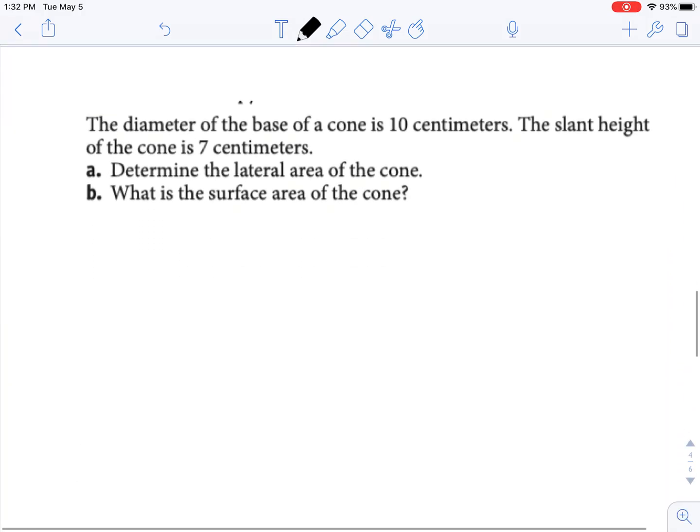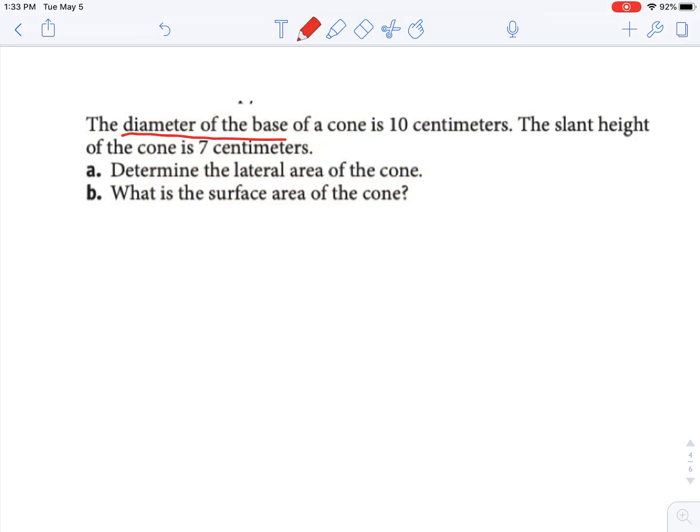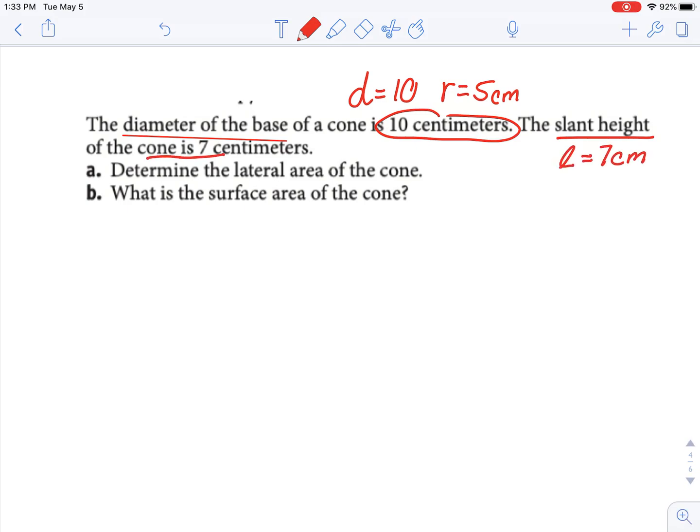Applying these formulas can be quick, but again, we want to know where those formulas come from. As we look at some different problems, pay attention to what information you've been given. In this next problem, we are told that the diameter of the base is 10 centimeters. If the diameter is 10 centimeters, then the radius is half of that, or 5. We're also given that the slant height is 7 centimeters.